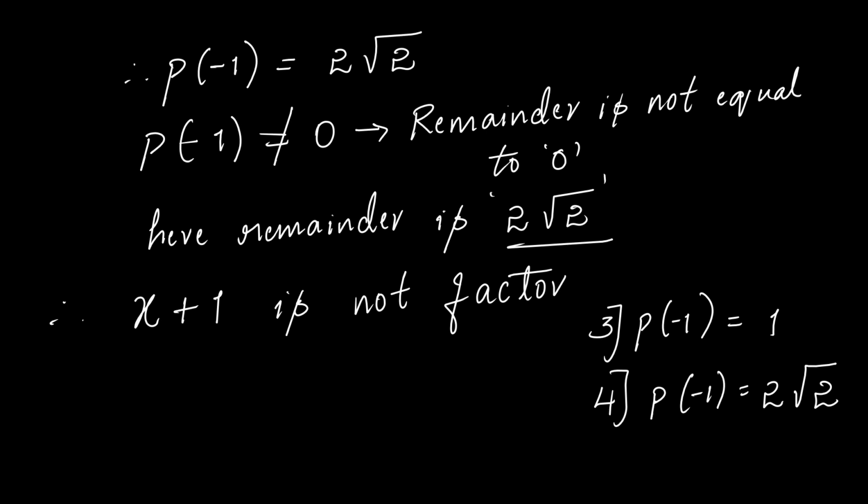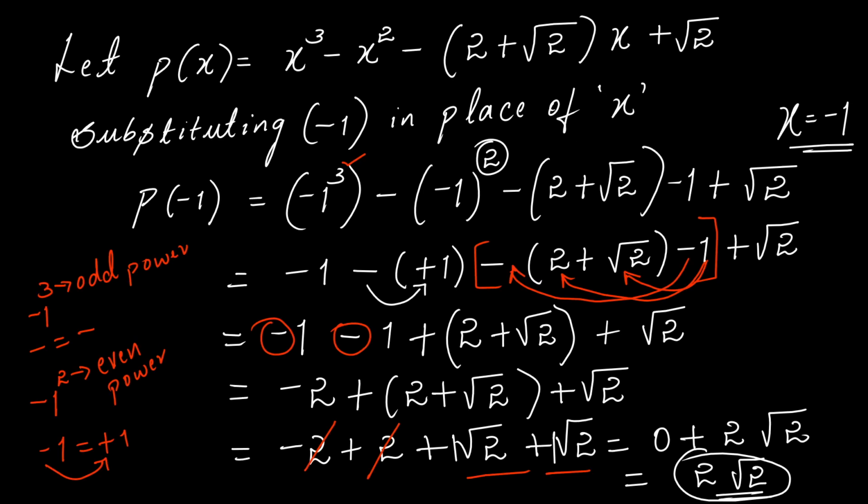Whenever you have even power, the sign will always be positive. And whenever you have odd powers, the sign will stay negative. And always check with double negatives. Wherever you see minus into minus, be careful while adding. And next, bracket multiplication. Be thorough with bracket multiplication. Go slowly. Accuracy is more important than speed.